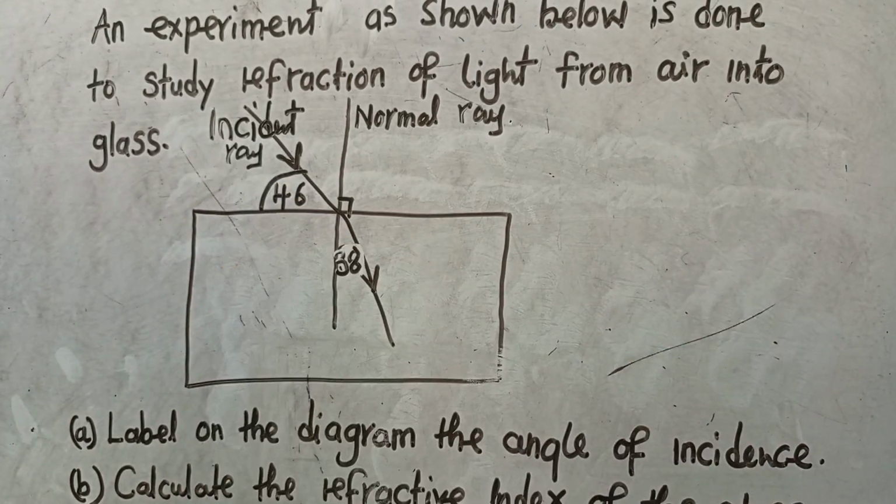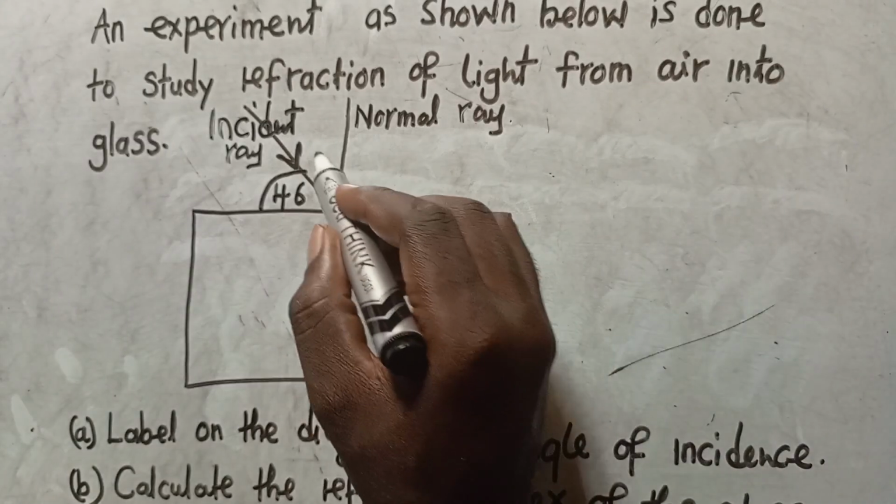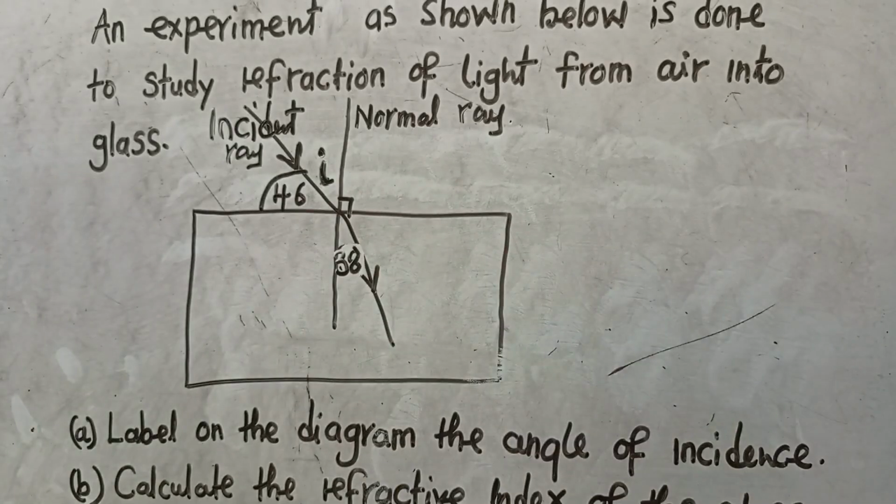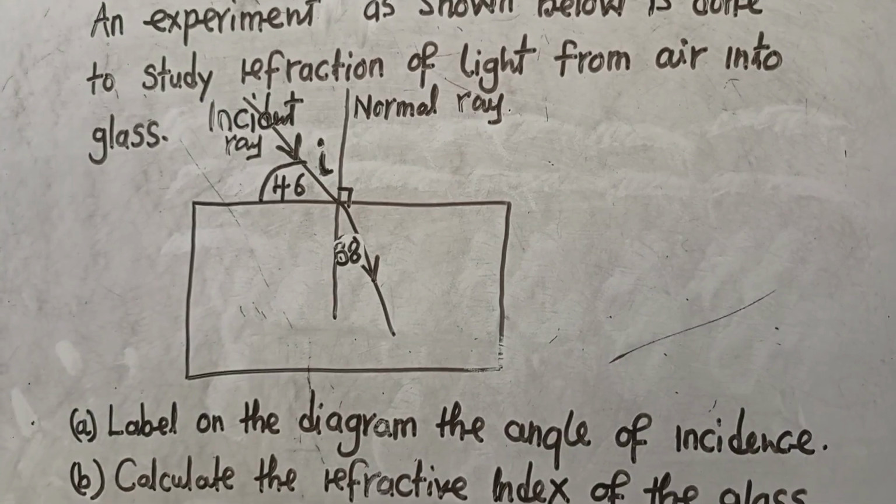This is what you are supposed to know. So the angle between the incident ray and the normal ray is called the angle of incidence, which is represented by i. You are done. You've labeled on the diagram the angle of incidence.